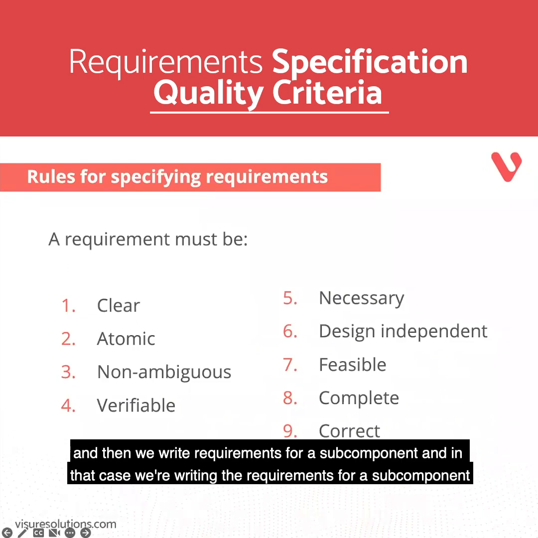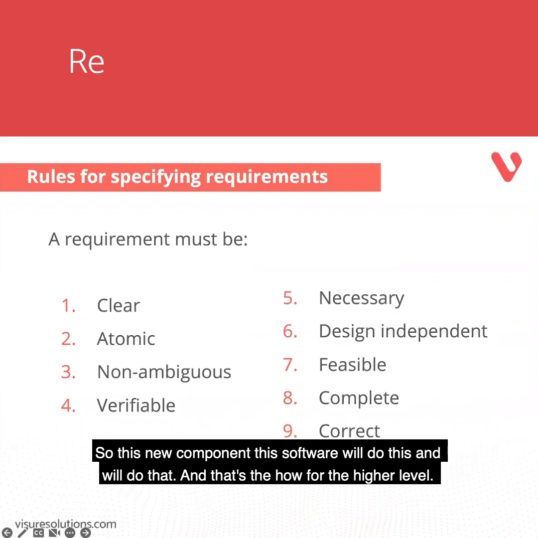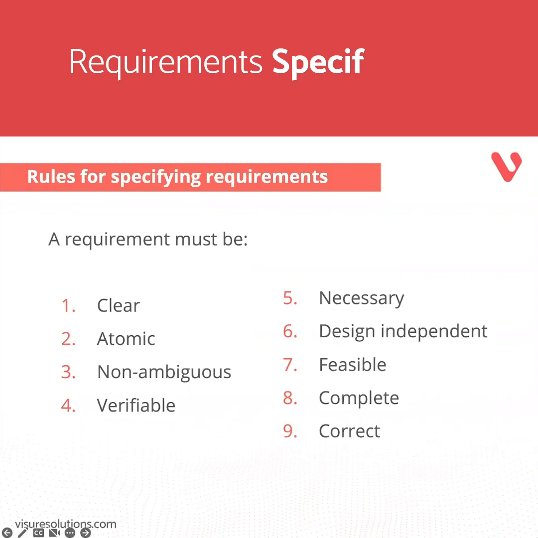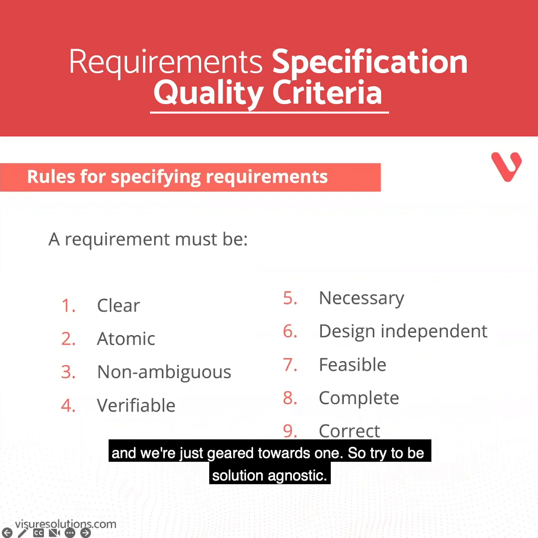And in that case, we're writing the requirements for the subcomponent from a black box perspective. So this small component, this software will do this and will do that. And that's the how for the higher level. And if we're describing how to do it, what we're going to see is that it's very difficult to implement different solutions, and we're just geared towards one. So try to be solution agnostic.